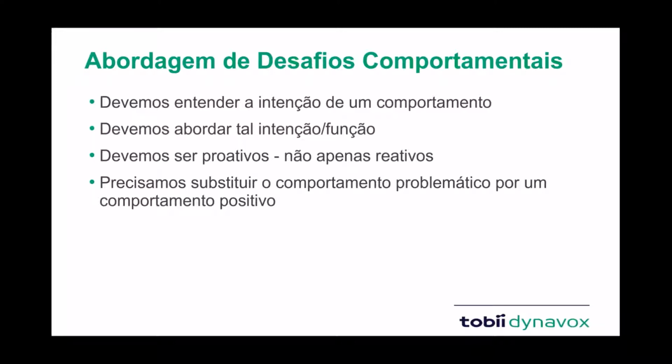Então, devemos não esperar, agir antes de que esse comportamento venha, de maneira a proporcionar suportes para que essa pessoa consiga passar por tudo isso sem precisar ter esse tipo de reação. Então, a proatividade.